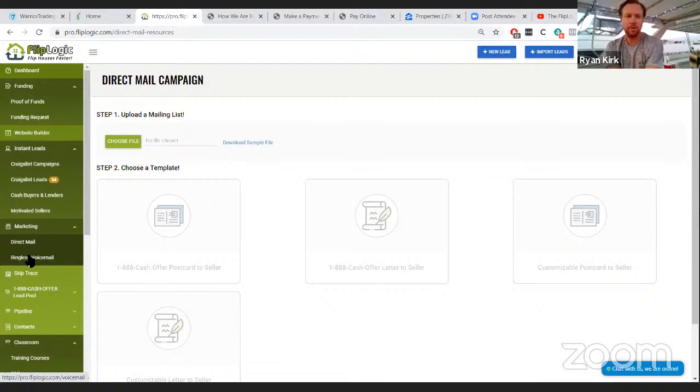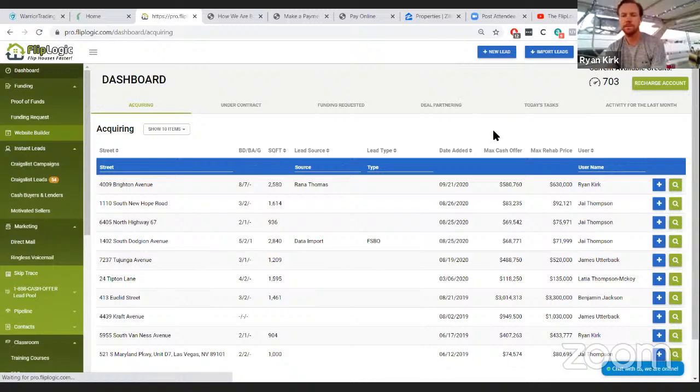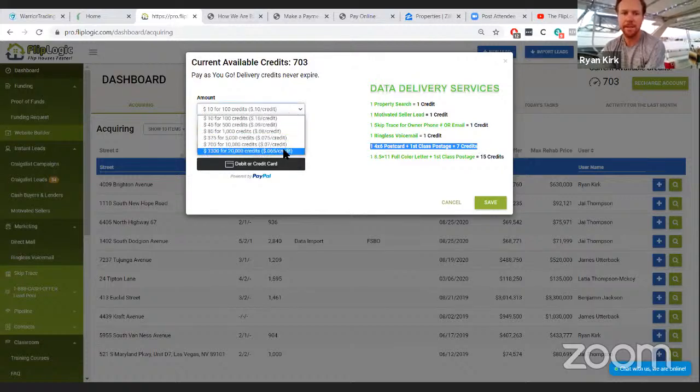And then you can spend a little extra money, right? I think it's about 50 cents because it's as low as 6 cents on our credits times 7. And I'll show you here, times 7. Where is it? Let me go to the dashboard. For a 4x6 postcard, first class postage, so it gets there in just a couple business days, that's 7 credits times as low as 6.5 cents.